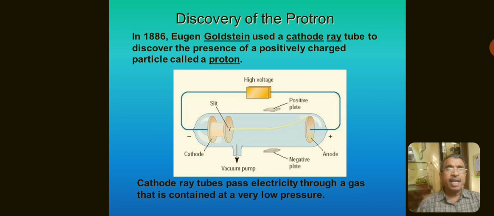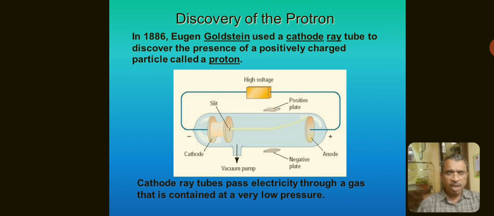In 1886, Goldstein modified the discharge tube by using a perforated cathode, as shown in the figure. On reducing the pressure, he observed a new type of luminous rays passing through the holes or perforations of the cathode and moving in a direction opposite to the cathode rays.